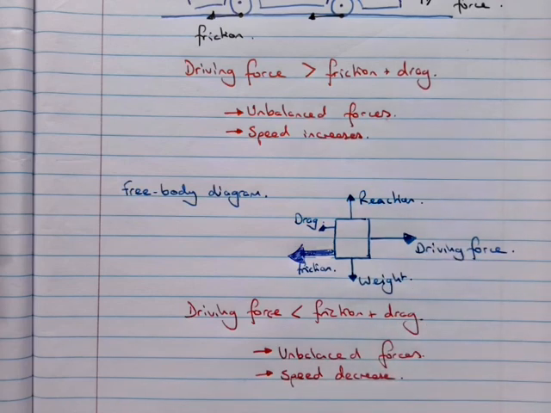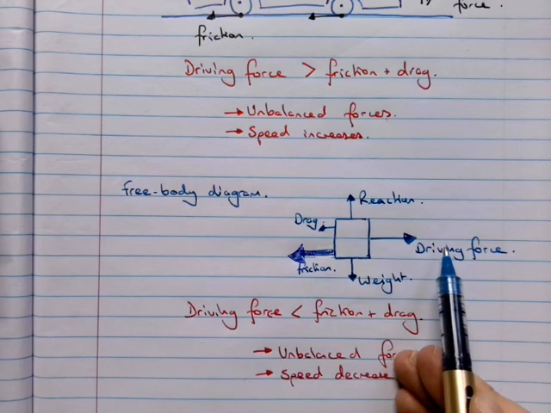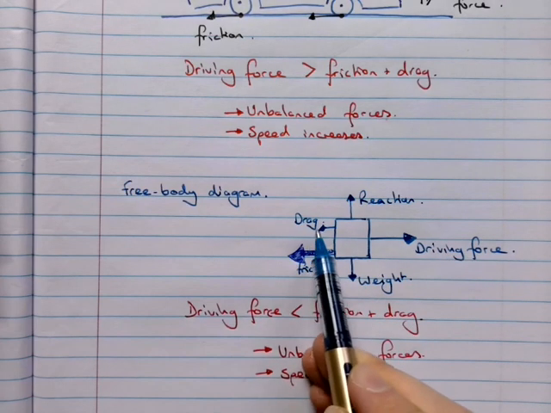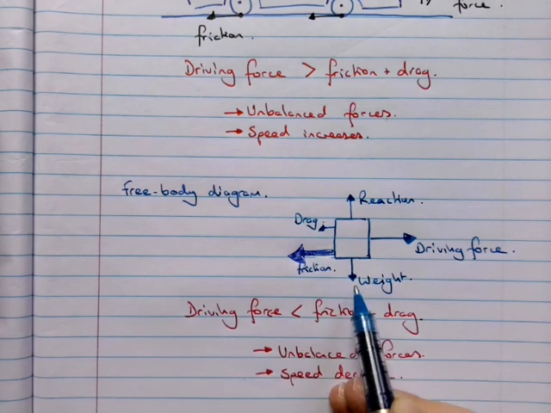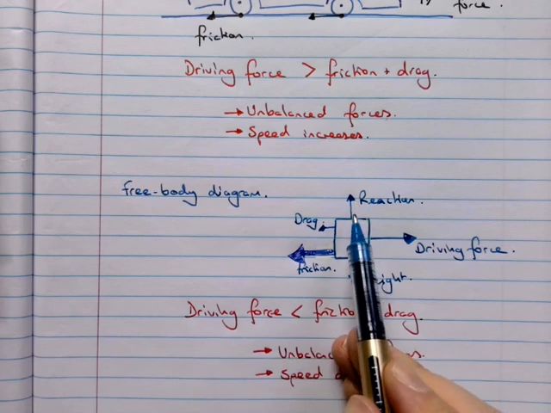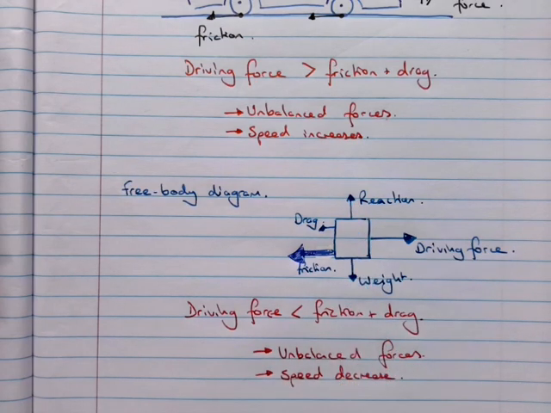So the car going along has all these different forces acting on it: the driving force pushing it forward, friction and the drag slowing it down, the weight caused by gravity, and the reaction making sure that it doesn't fall down into the ground because of gravity. And that's a free body diagram.